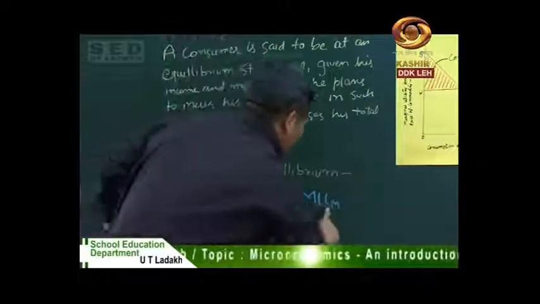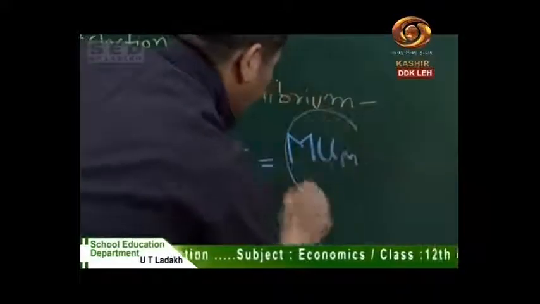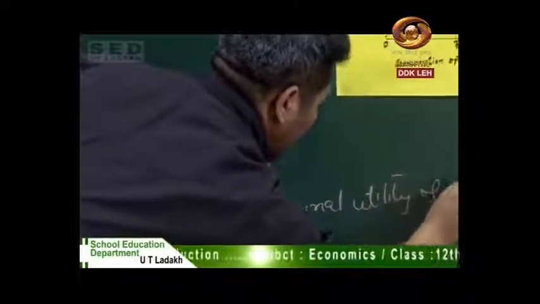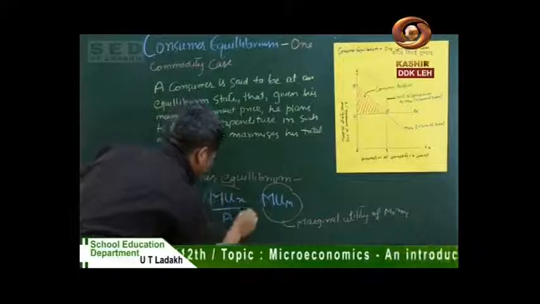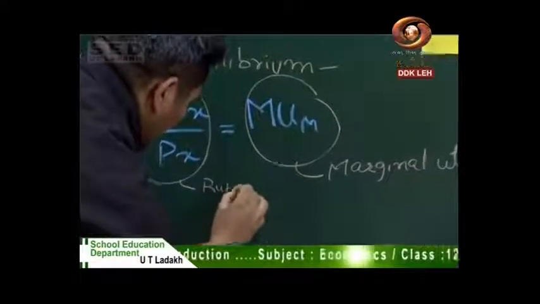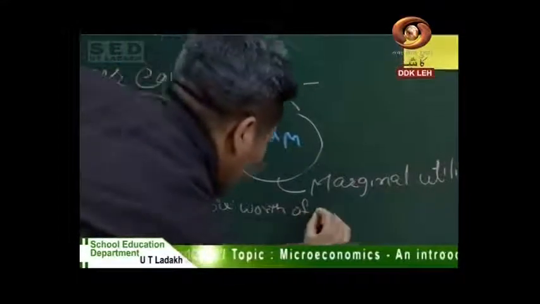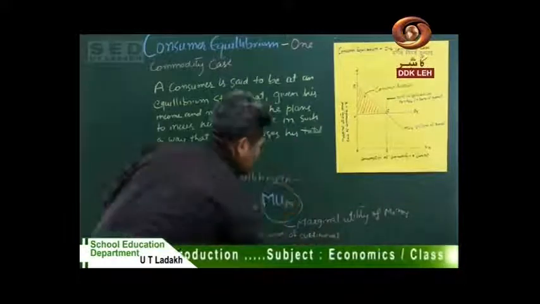Now M means marginal utility of money, and this whole part becomes rupee worth of additional satisfaction.